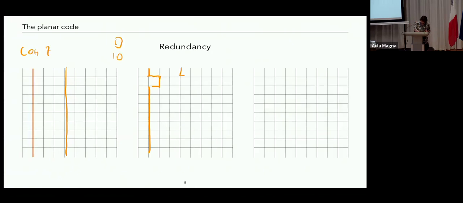And what you have is that in this square grid of qubits, you have actually a lot of different representatives of the same logical operator. And this tells us that we have actually added some redundancy. Before, when we had the state of one qubit, the Z operator, we had only one.